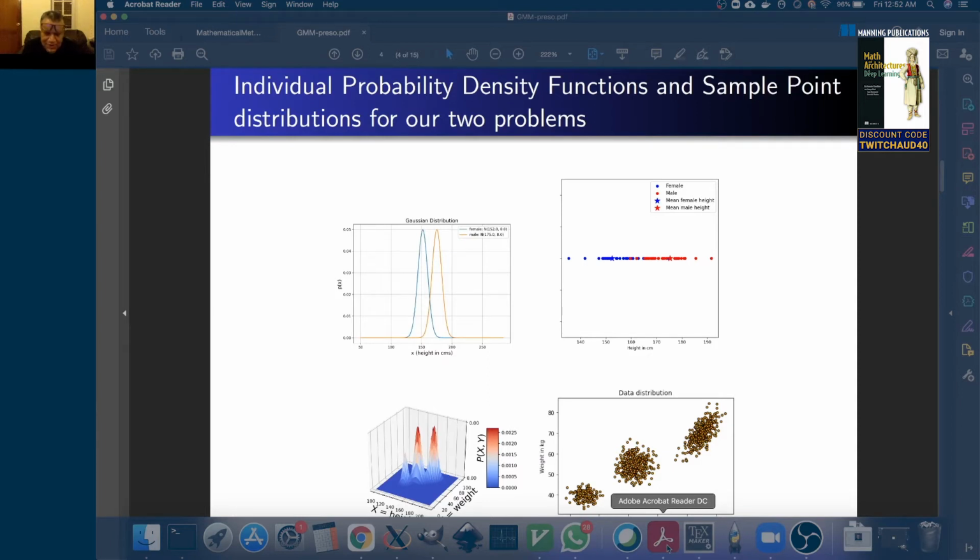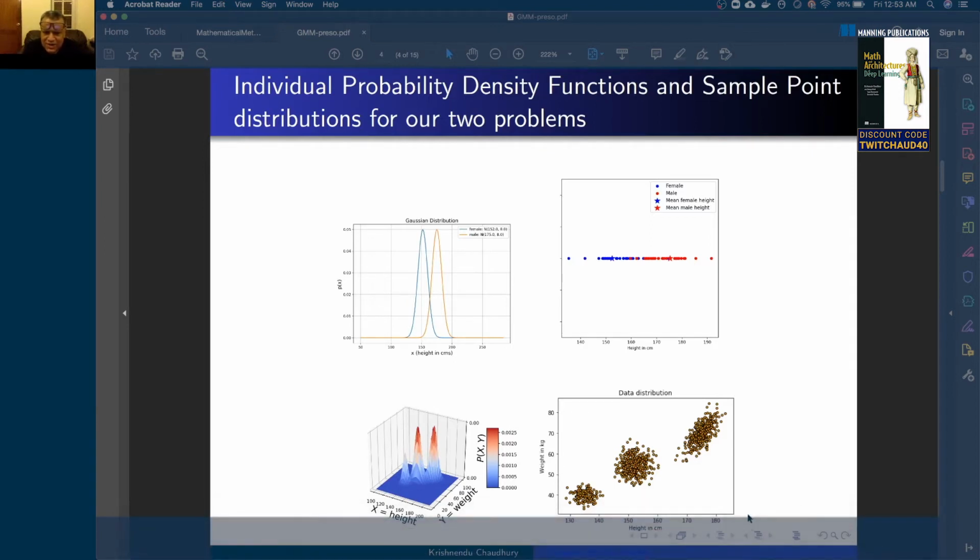This is problem one. So the top row corresponds to problem one, and these are the separate Gaussians representing the probabilities of various heights of Statsville residents. And the right-hand side, the second column, shows the sample point distributions.